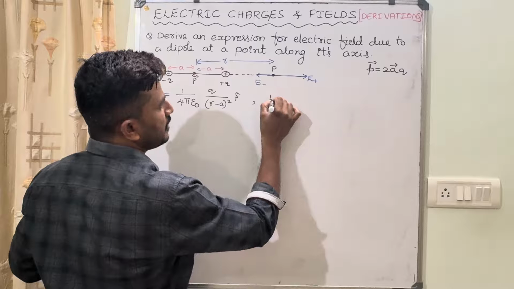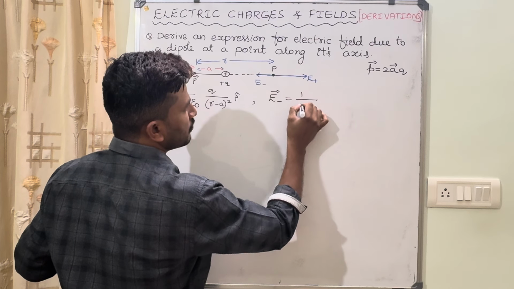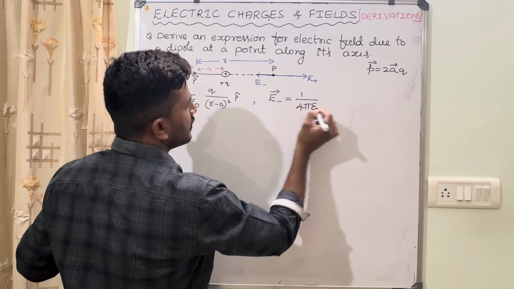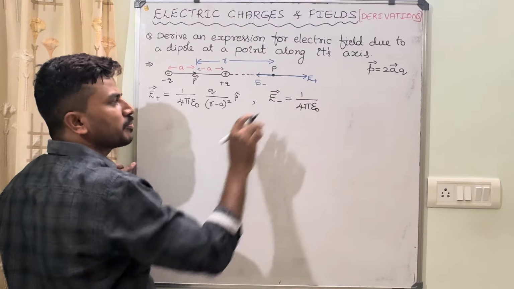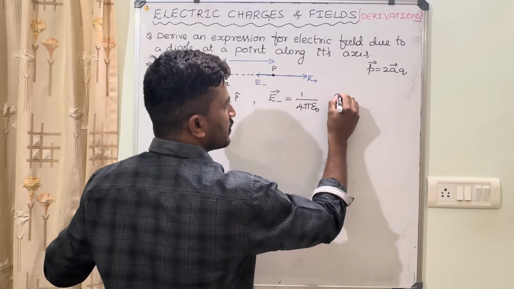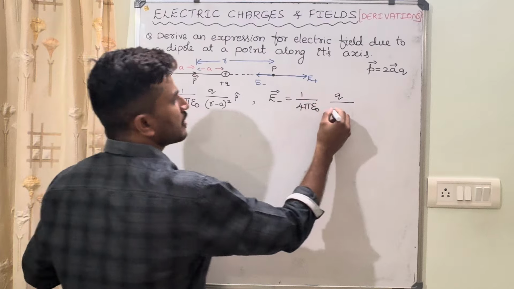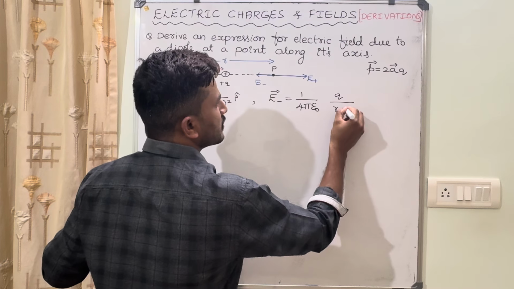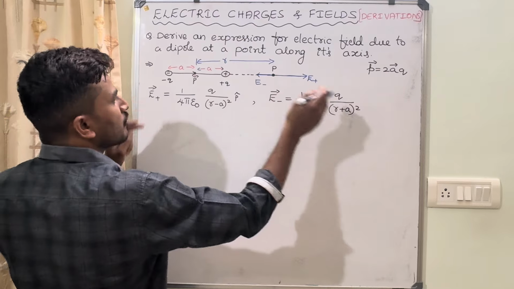Similarly, we have E minus equal to 1 over 4 pi epsilon naught, q divided by r plus a whole square. Here the charge is minus q, but should I write minus q or plus q? Q only, divided by r plus a whole square.